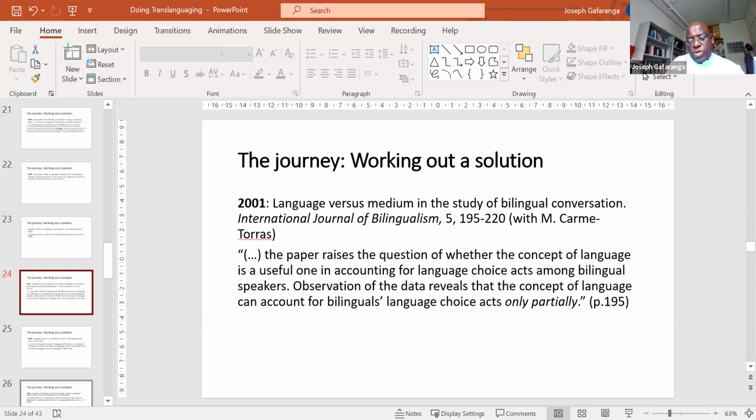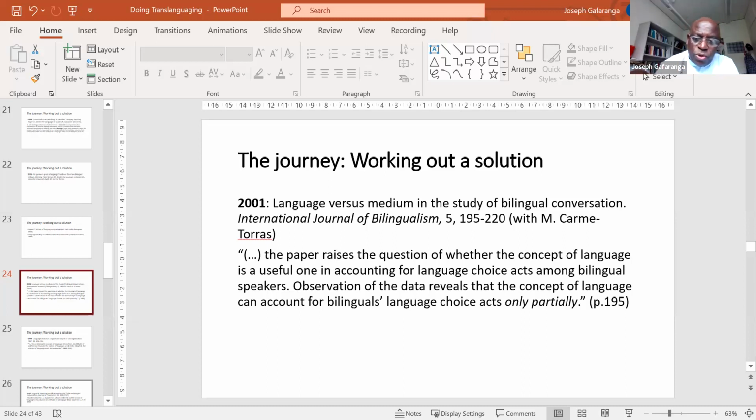And the solution is actually in my PhD thesis, but I will be referring to the different publications which have developed from there. In one paper, Language Versus Medium, the Study of Bilingual Conversation, the paper raises the question of whether the concept of language is a useful one in accounting for language choice acts among bilingual speakers. Observation of the data reveals that the concept of language can account for bilinguals' language choice acts only partially.